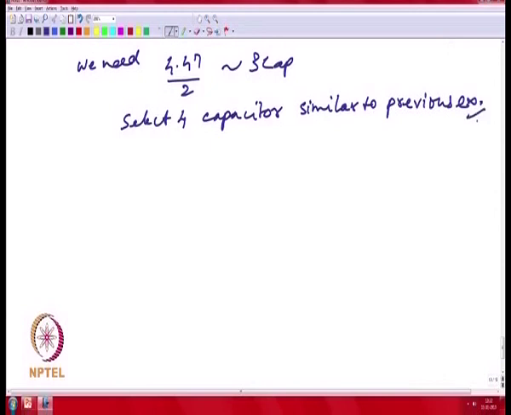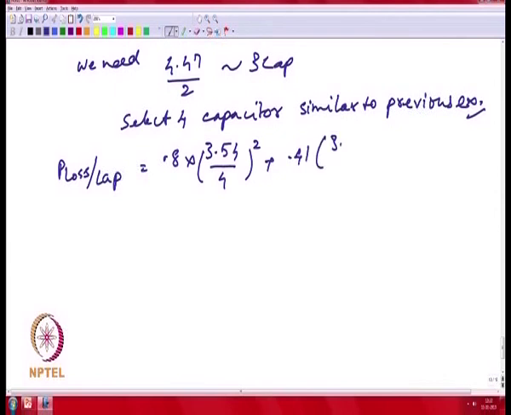Example. So we could then calculate the power loss per capacitor. So this is 0.8 into the current squared, so it is about 1 watt loss per capacitor.